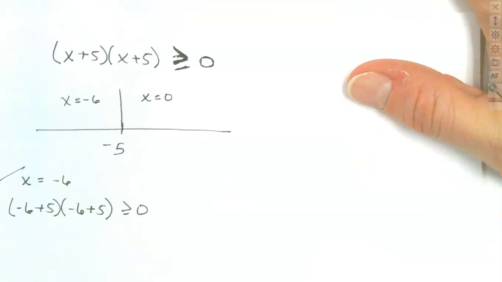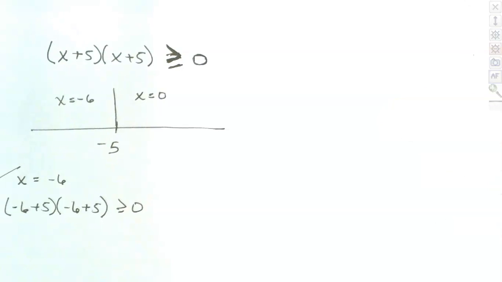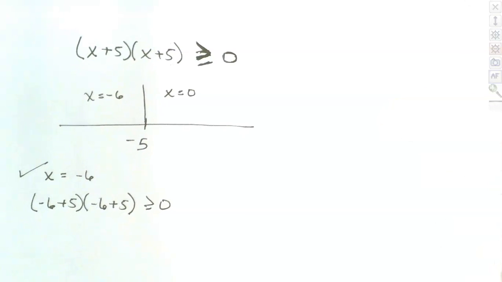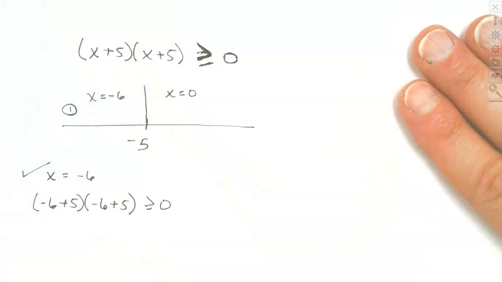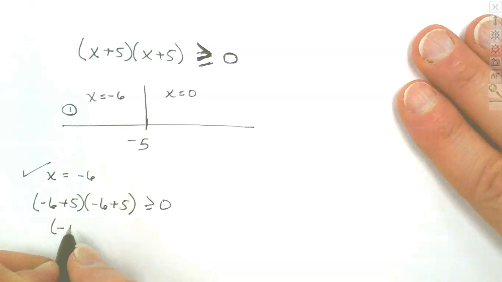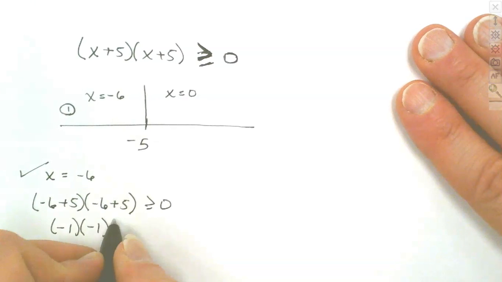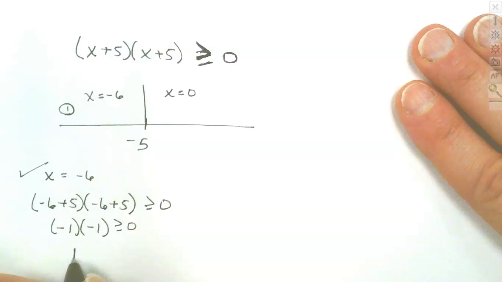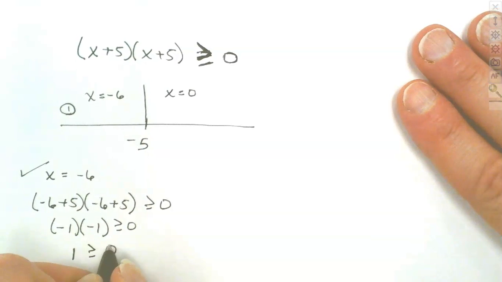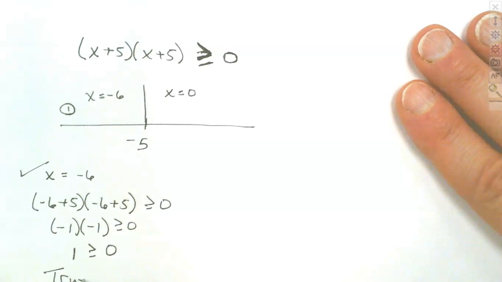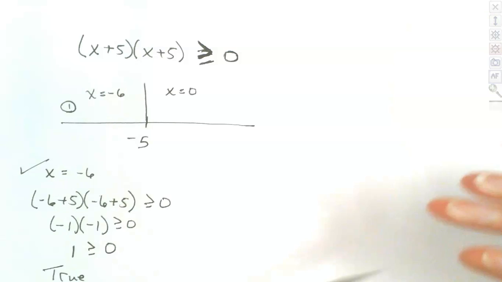If I plug in that -6, we already factored it, we know what it should be. If I plug in that -6, that's clearly in region 1. If I plug that in, I have -1, -1. That makes it a +1. Is +1 greater than 0 in this case? Yes, so that would make that region then true.